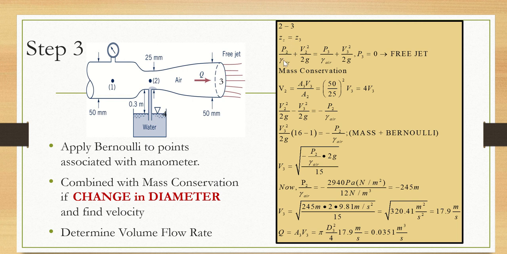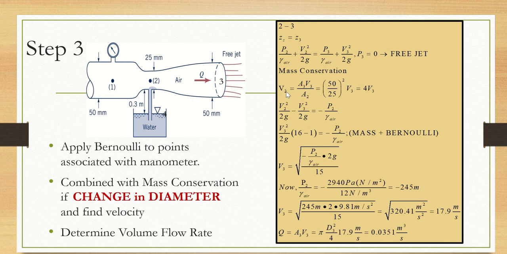Therefore, applying Bernoulli along a streamline between point 2 and point 3, I would have P2 over gamma of air plus V2 squared over 2g is equal to P3 over gamma of air plus V3 squared over 2g. I know that P3 is 0 because it is a free jet. Now I want to combine that with mass conservation because I have a change in diameter between 2 and 3.